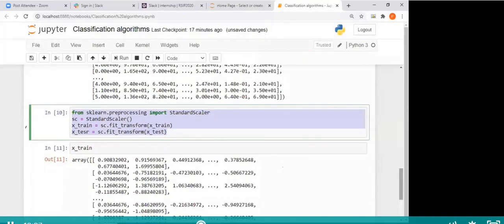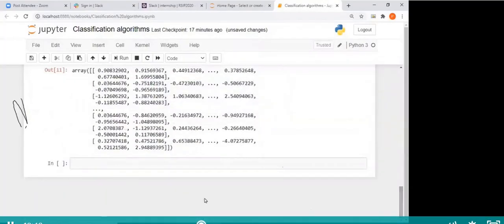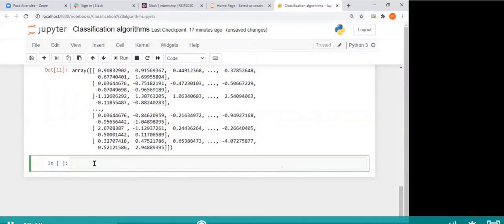Yes. Now let's apply the logistic regression algorithm. So how do you put that?